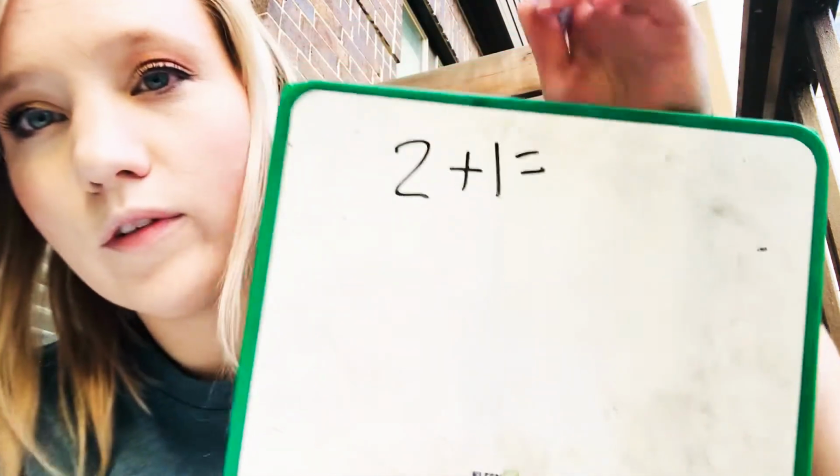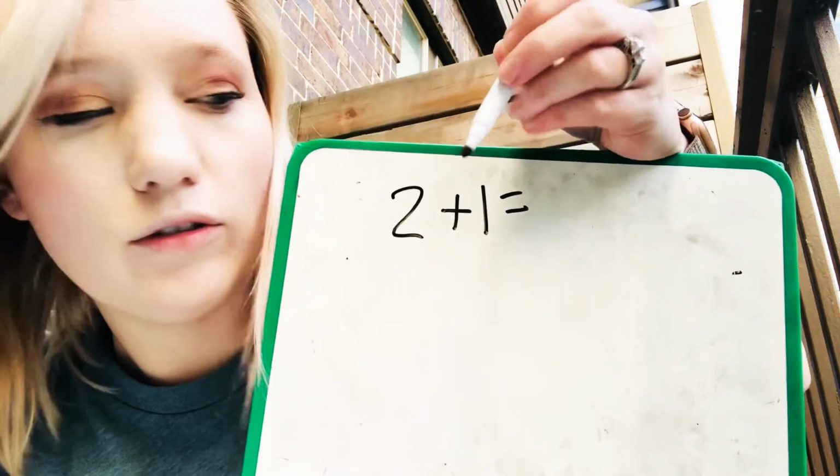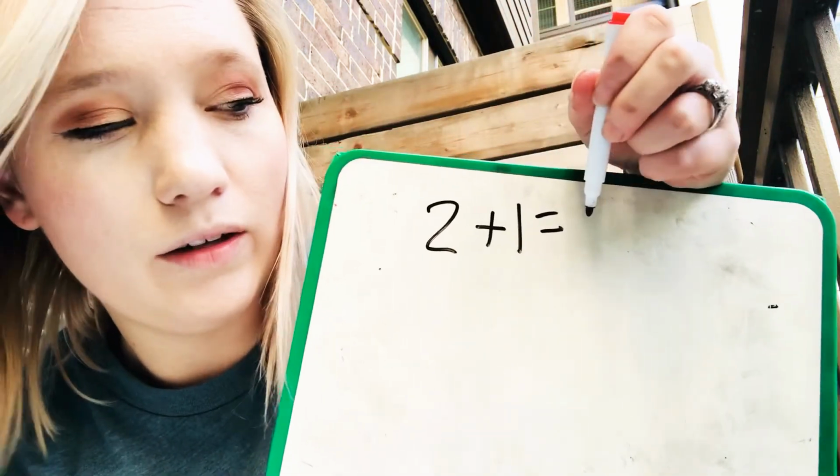So before we went on break and before we had to go into quarantine, we talked about addition. And addition is the action of joining, and when we add, we use the plus sign, remember? When we add, we're joining numbers together, 2 plus 1.